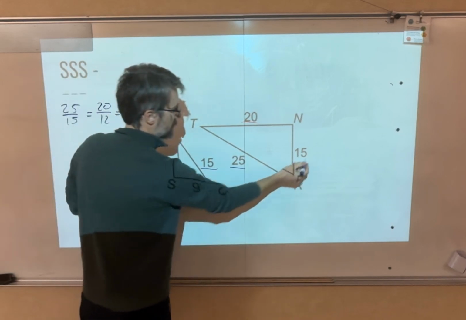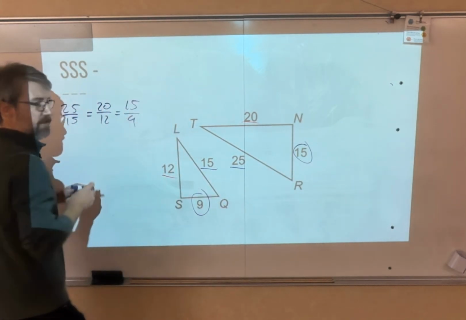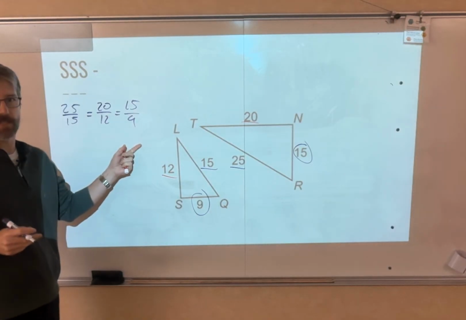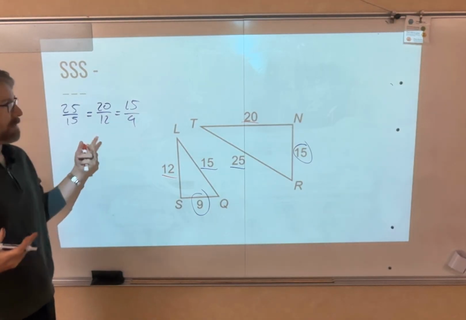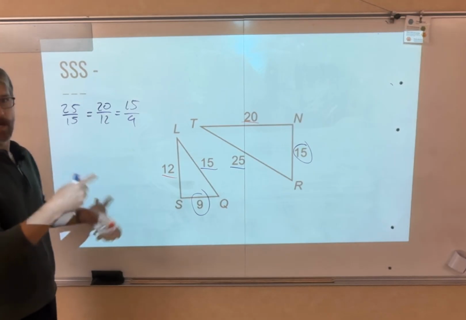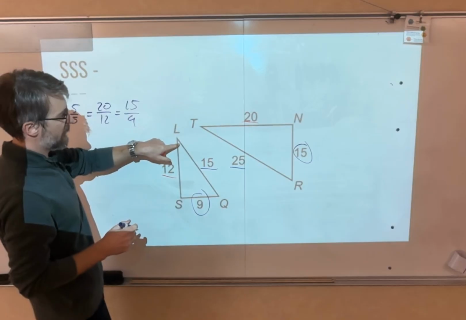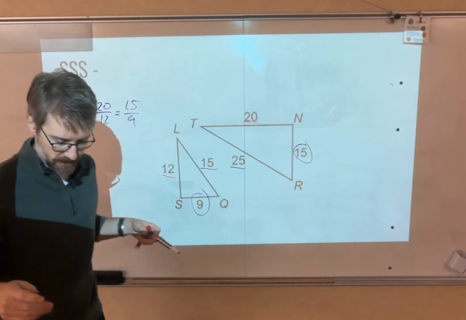And is that equal to the short sides, 15 over 9? If all three of these reduce to the same number, that means that all three sides are proportionally similar, and that means that these triangles are similar. We know for a fact that the corresponding angles are going to be equal.